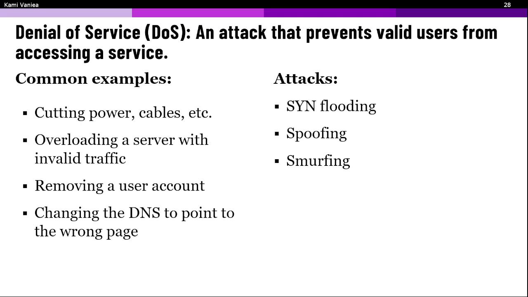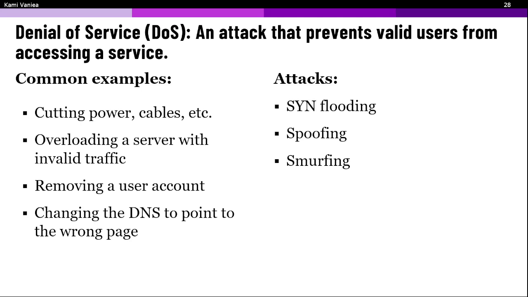You could remove someone's user account. When we were talking about passwords, we briefly mentioned doing things like lockout to stop the attacker, but the attacker can also use lockout to lock the user out, which is a denial of service attack. You can also change the DNS point. I have that on there, but I think I covered DNS earlier and I won't cover it for a while now. So you can do that too.